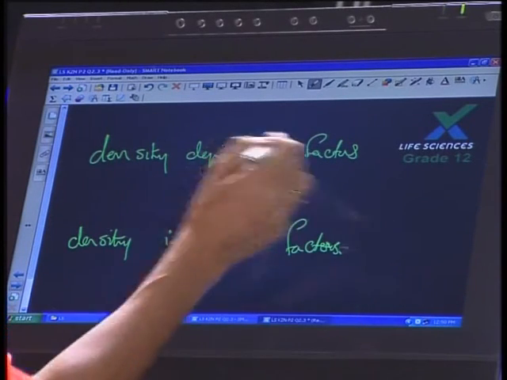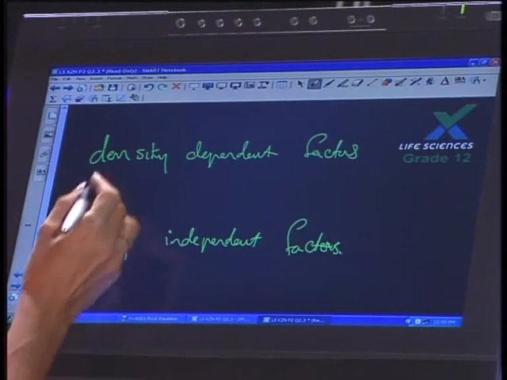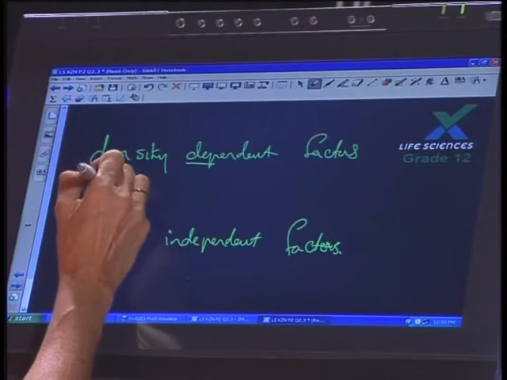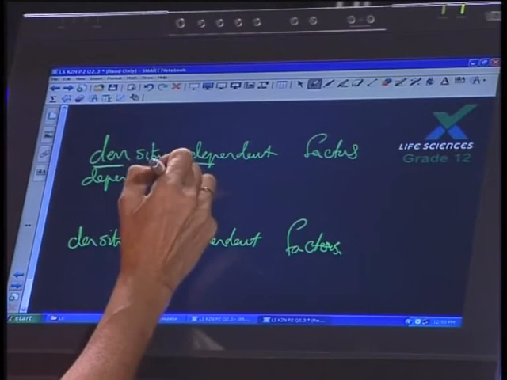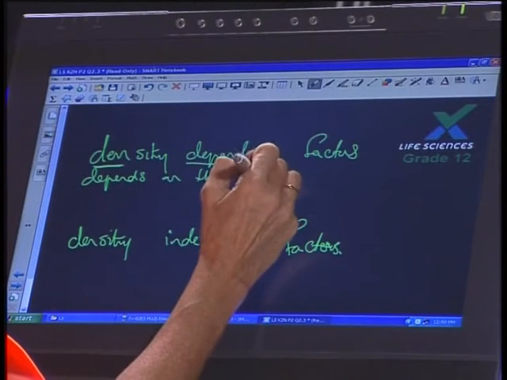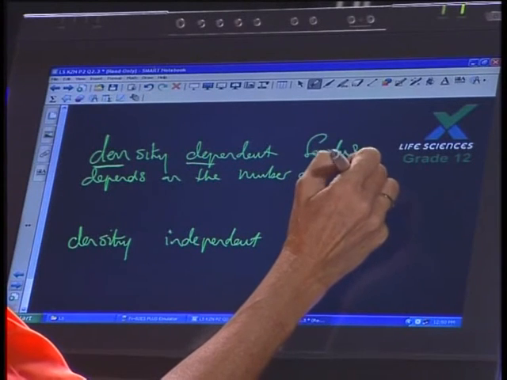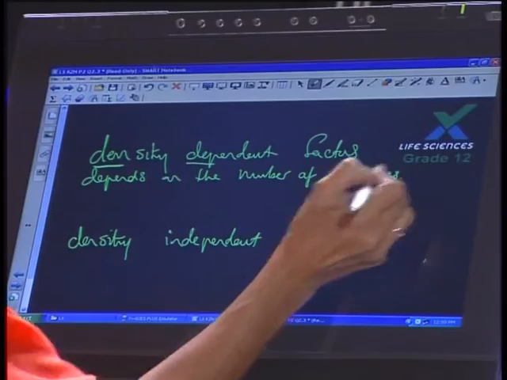And the best way to think of these factors is, if it is density dependent, it means it depends on the number of organisms that you have. So if I have one organism versus 10, is there going to be an impact? Is there going to be a difference?